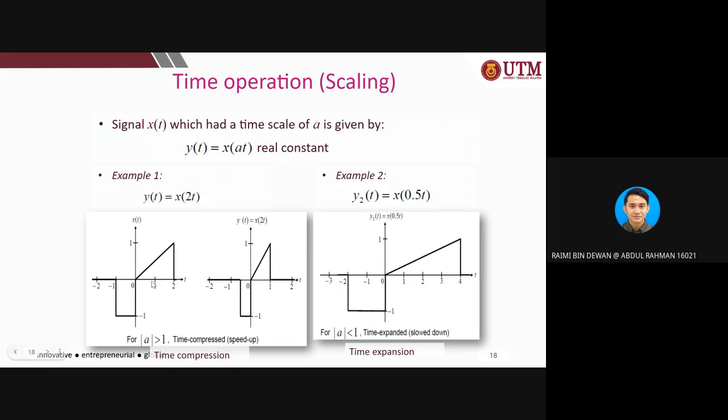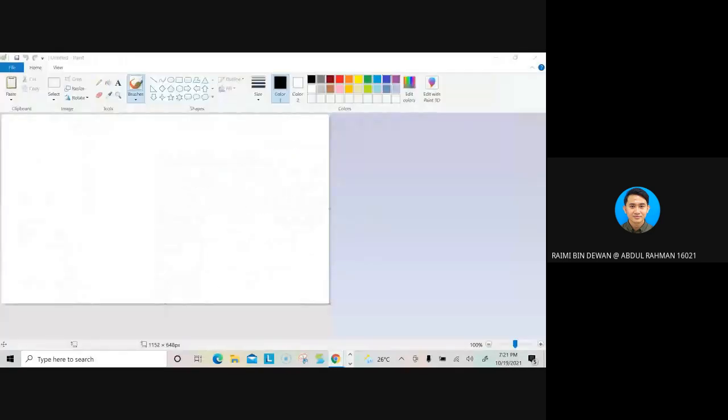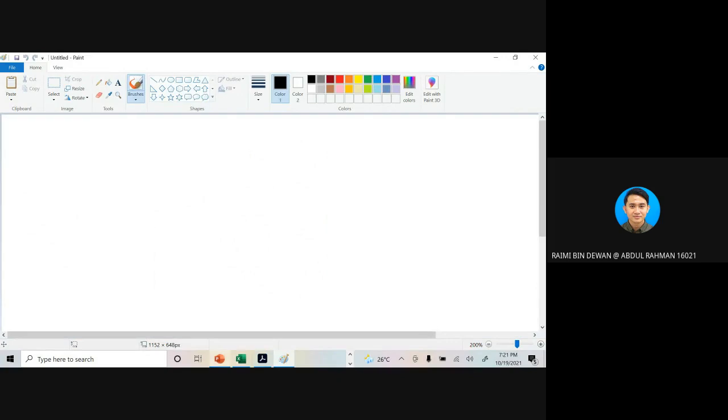So here 1 will be divided by 2, and you're going to have half. Let me show. I'm exiting the screen first. Imagine our original signal here, let me draw it.